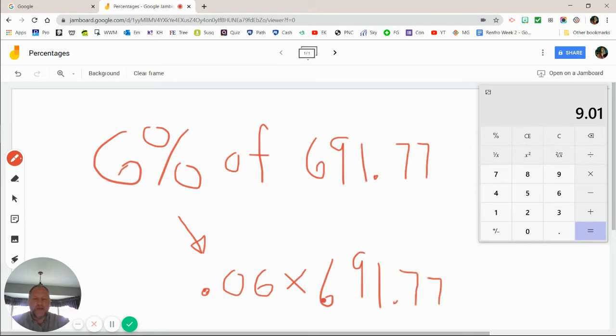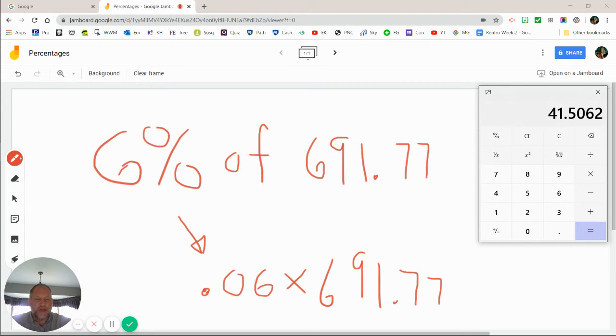What is 6% of 691.77? Or in this case, it would be $691.77, because we were talking about purchasing an iPhone. So you would pay $41.51.